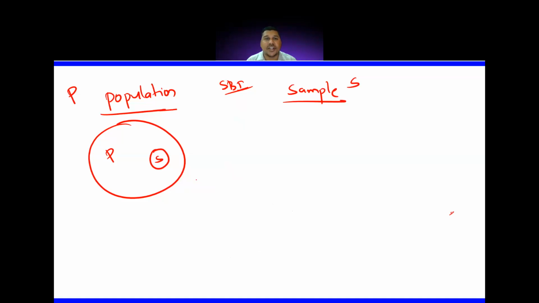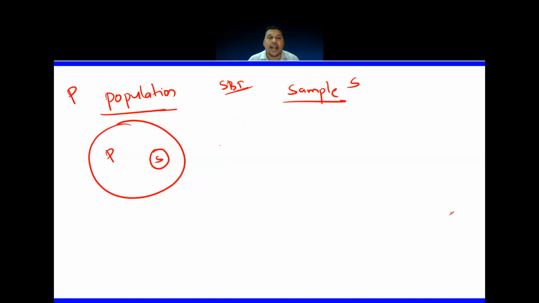So what we try to do is choose a random sample from that population. For that sample, you do whatever analysis you want to do. After doing the analysis for that small sample, you try to comment about the whole population.